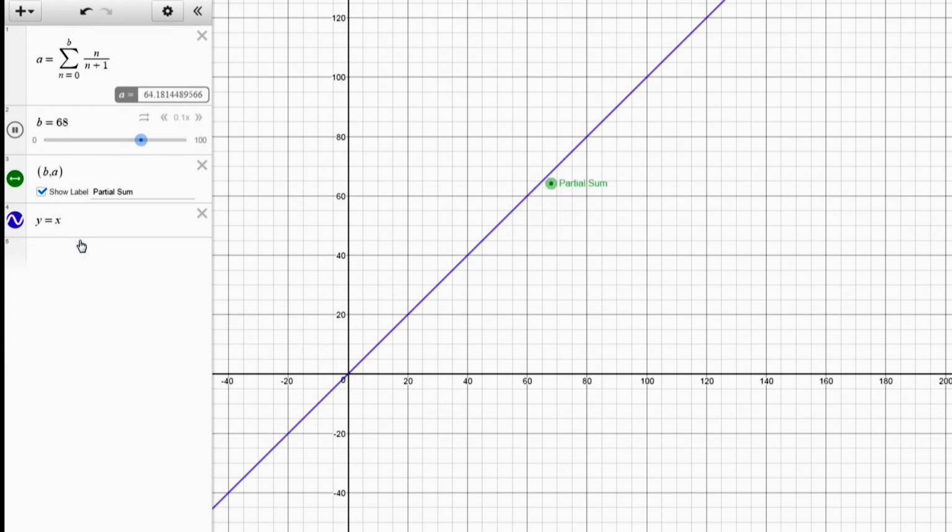Remember, a picture is not a proof, but it can help build up your intuition when you're first thinking about what's happening. So we've got our partial sums running along there. Desmos is even showing us what a is. That's my partial sum, 4, 5, 6, 7, 8, 9, 10, 11, 12, 13, 14, basically going up by 1 each time.